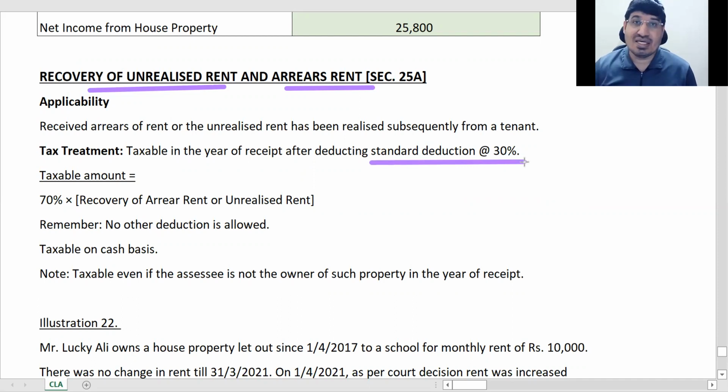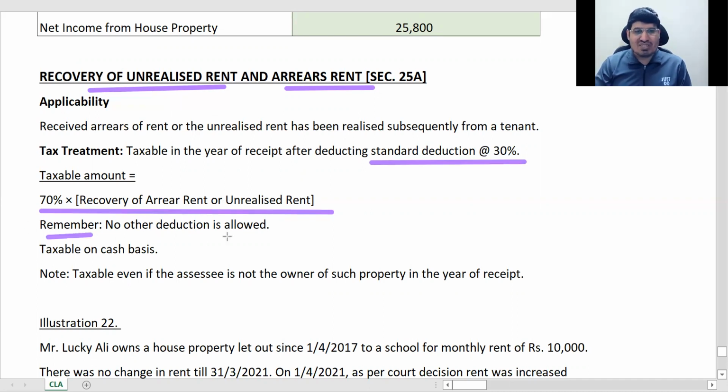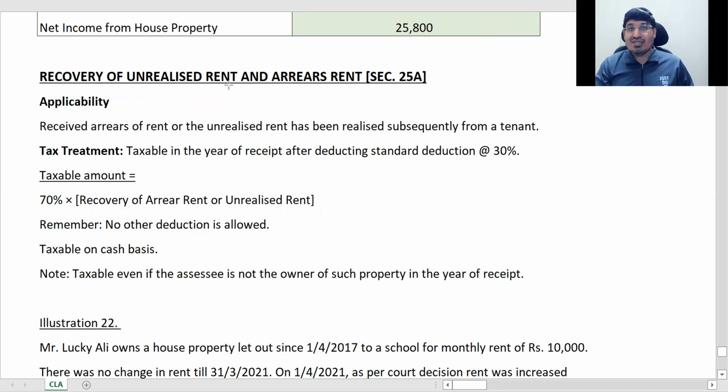You don't get anything. Remember, आपको बस taxable amount बस 70% of the recovery, that will be your taxable amount. 30% will be your deduction. That's all. No other deduction is allowed. बस इतना ही point है, ठीक है। So remember again, if there is recovery of unrealized rent of any earlier year, or arrears of rent, that is arrears of rent is unrealized before the previous year, ठीक है। If you are getting in this previous year some money, sometimes it happens that you get arrears, payment milta hai.